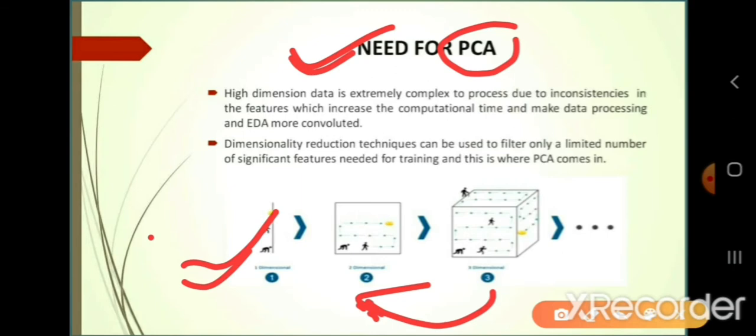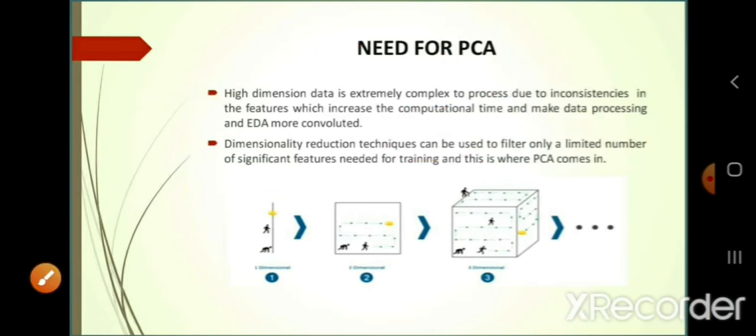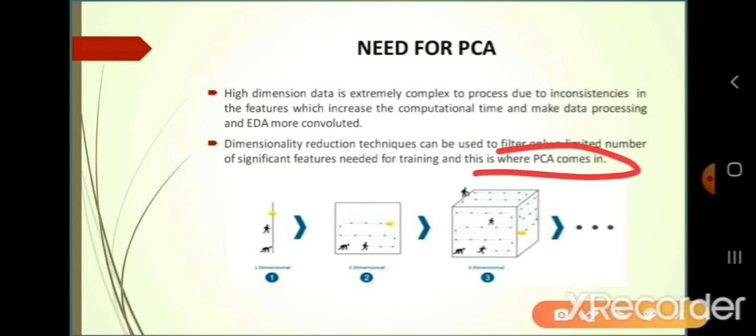High dimensional data is extremely complex to process due to inconsistencies in the features, which increases the computational time and data processing time. So a dimensionality reduction technique can be used to filter a limited number of significant features needed for training or production. This is where principal component analysis comes into the picture.